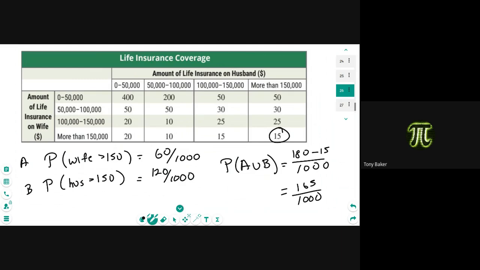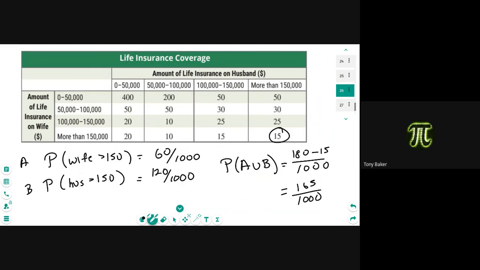What's the probability that the husband will have more than $50,000 of insurance? I had to do the quick math in my head.